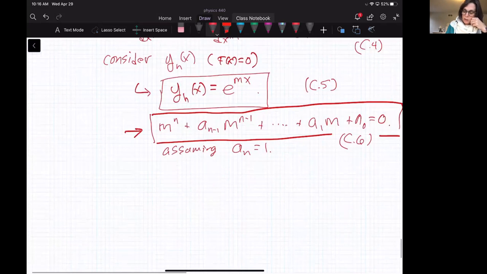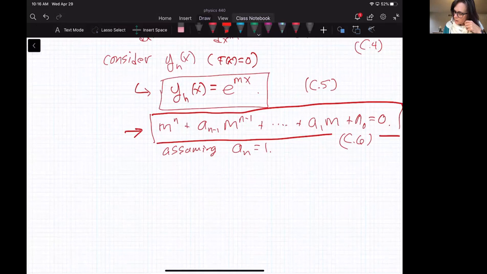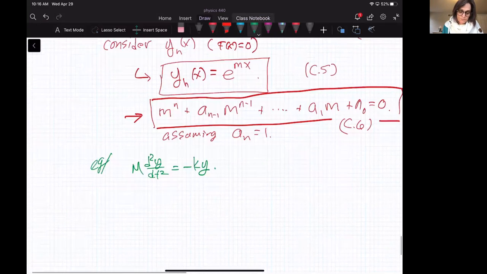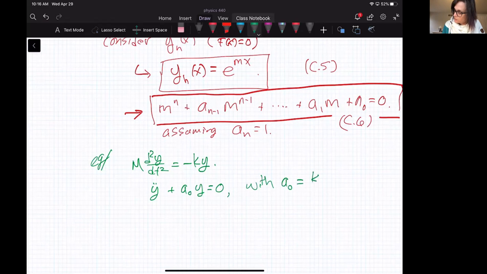So the simplest thing that we can think of here is let's look at m d squared y dt squared is equal to minus k y, right? So simple harmonic motion with the spring. That means that we can write this as, say, y double dot plus a naught y is equal to 0, with a naught equal to k over m. So far, so good.